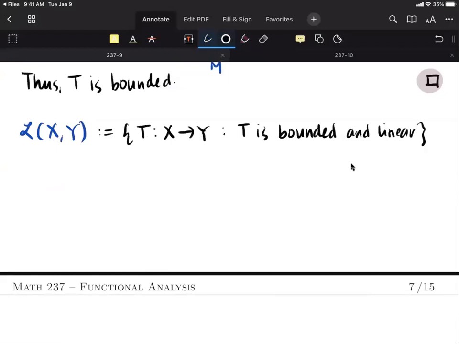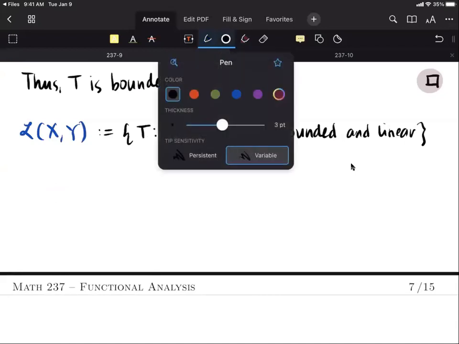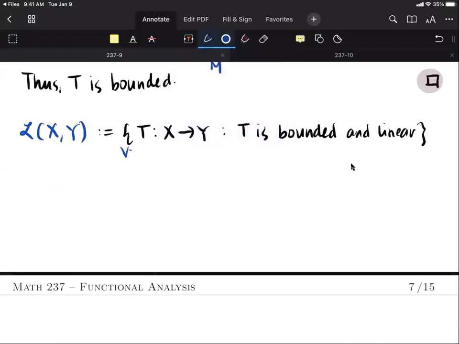Equivalently, L(X, Y) is the set of all linear and continuous operators from X into Y. And this is, of course, a vector space, taken as a subspace of functions from X into Y.